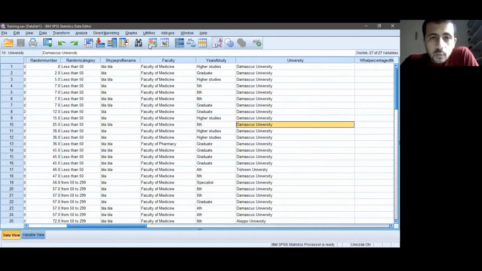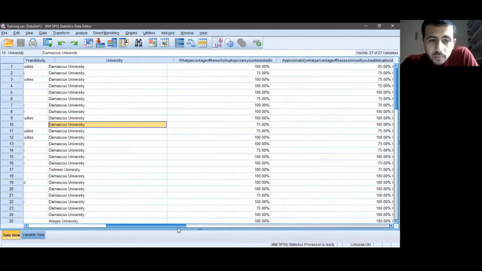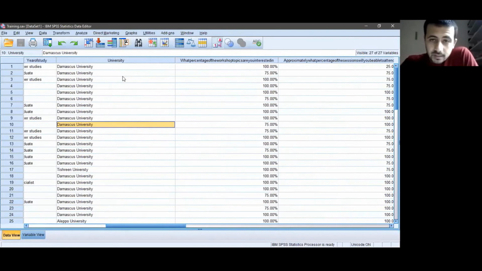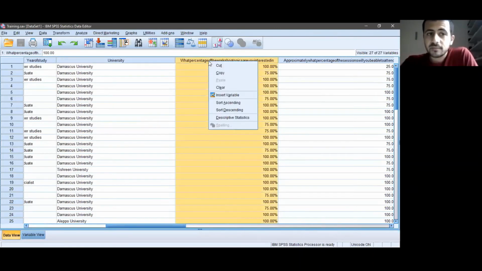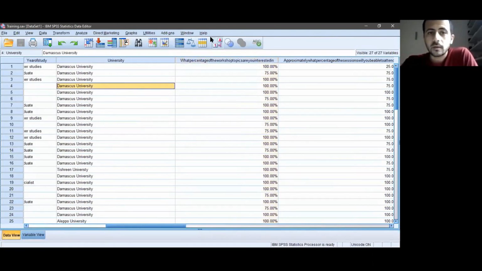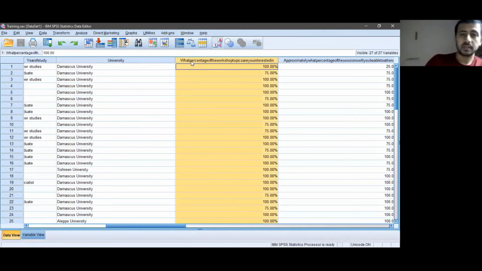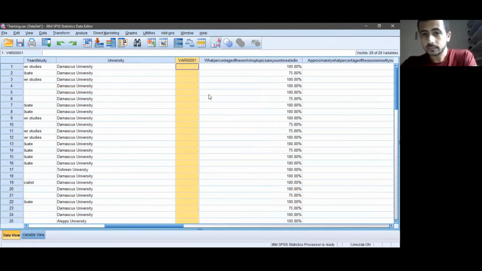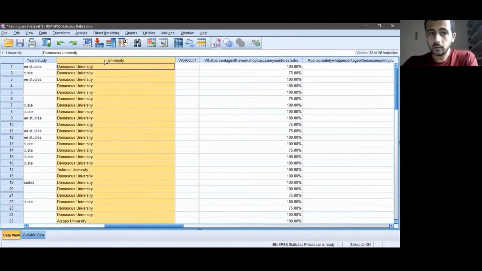Okay, so I will go, but what is the problem? The problem is for the university, I don't actually have a code. If I press on this, nothing will change. Nothing changed in the university. And this is my mistake. As you remember, we used to put numbers, and after that code the numbers to names.